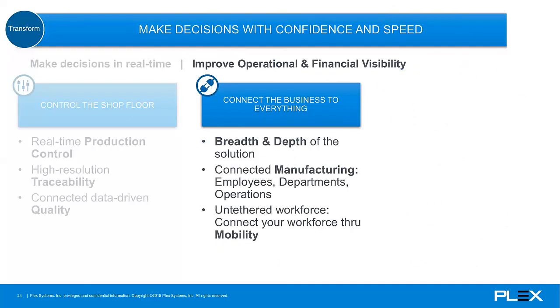Now let's turn our attention to how Plex MES can improve operational and financial visibility. It starts simply with the breadth and depth of the solution, which allows a seamless connection between employees, departments, and operations in a way that doesn't overburden your operators or operations.